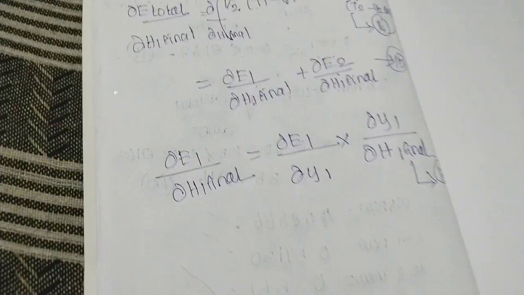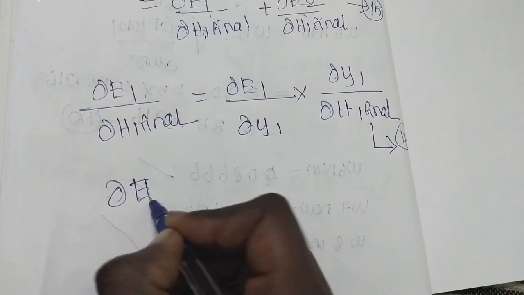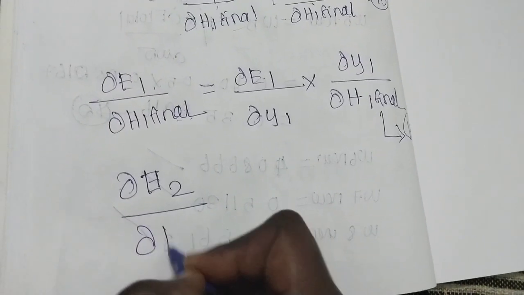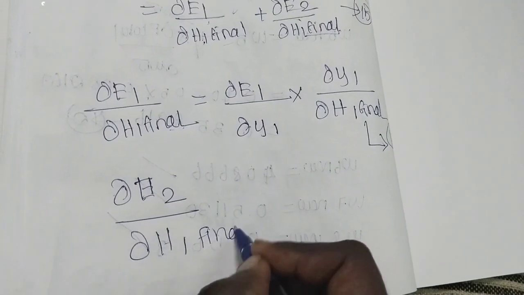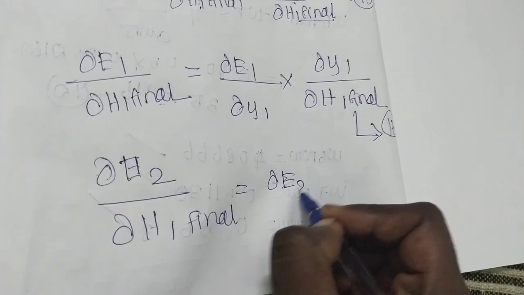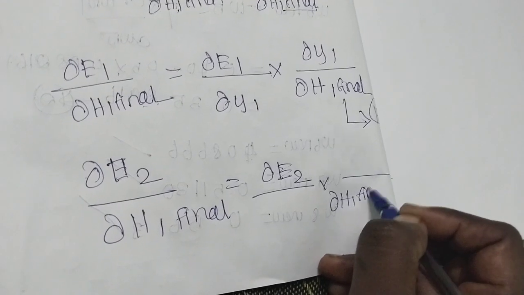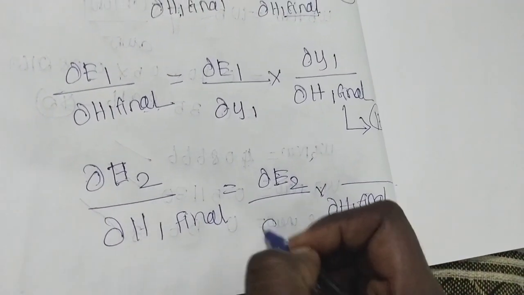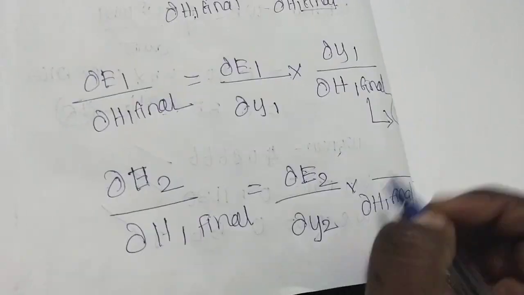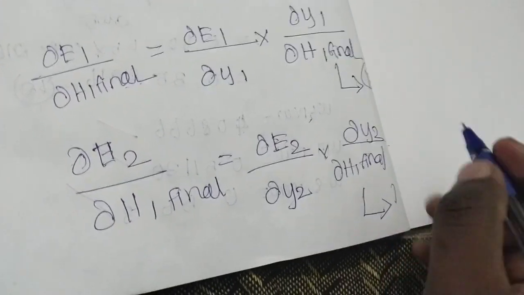You do the same for ∂E2 divided by ∂H1 final, and here also ∂H1 final. I am adding ∂Y2 here and also ∂Y2. This is equation number 16.